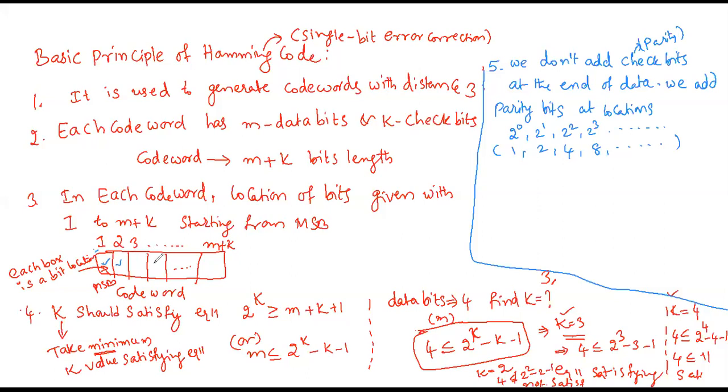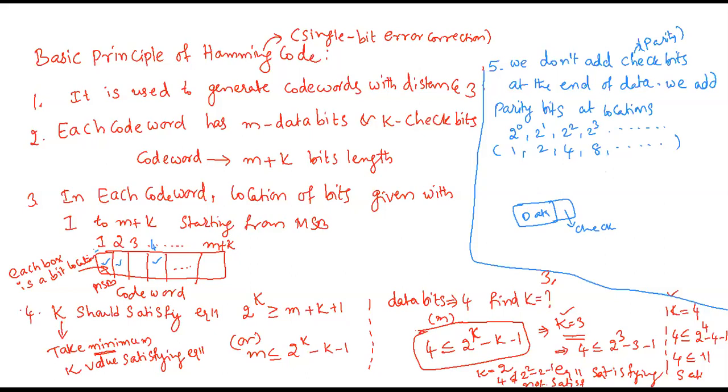Fourth location, we add the parity bit. Generally we add check bits at the end of the data, but in the Hamming code, we do not add the check bits at the end. We add them at the respective positions, 2 to the power of 0, 1, 2, 3.